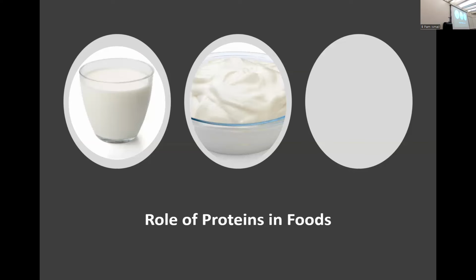What happens at that? The milk coagulates, because it's the isoelectric point of casein. So now there is no net charge, so the proteins come together and form a three-dimensional gel. Yogurt is a gel, one type of gel.